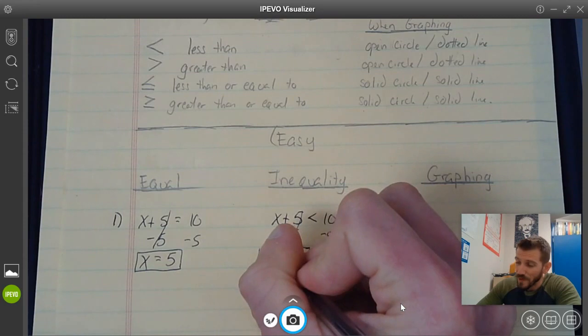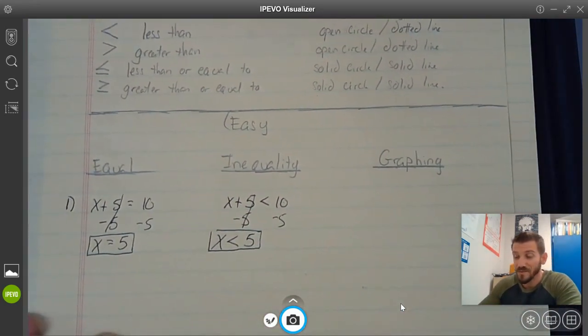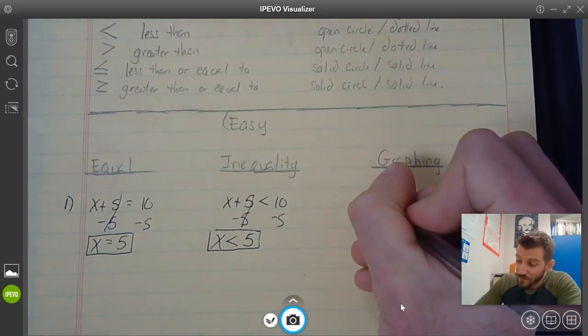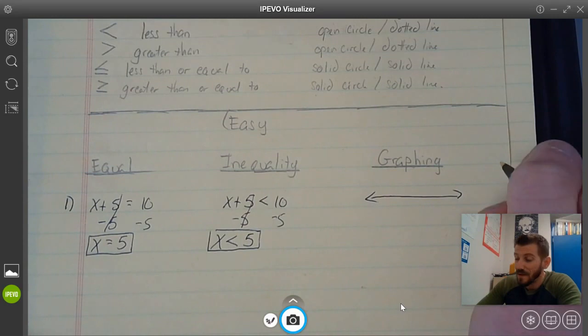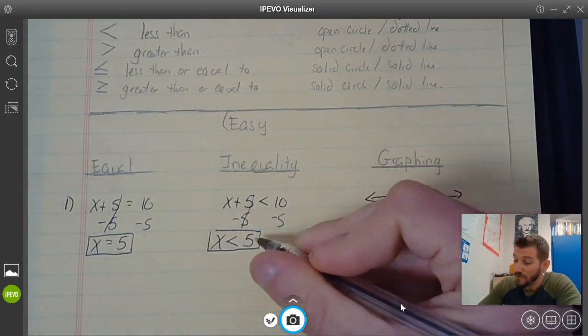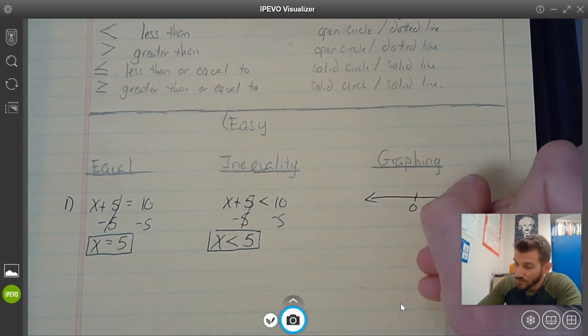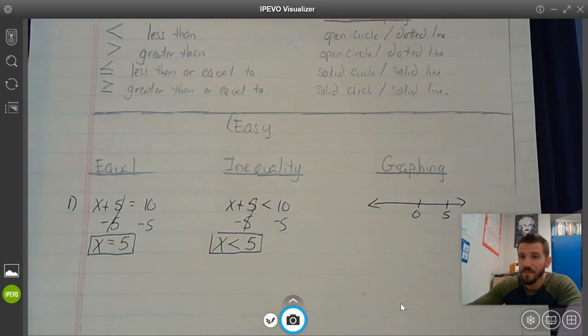And if you had to graph x is less than 5, there's two ways to actually see that. If it was a simple graph, like just on the x-axis, then we know something happens at the number 5, correct? 0, 1, 2, 3, 4, 5.